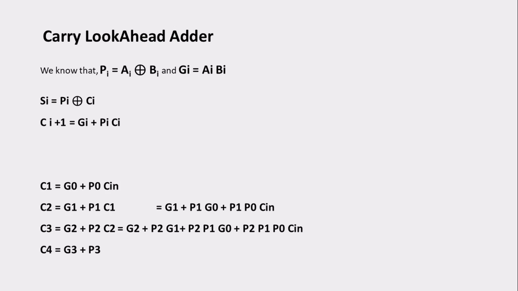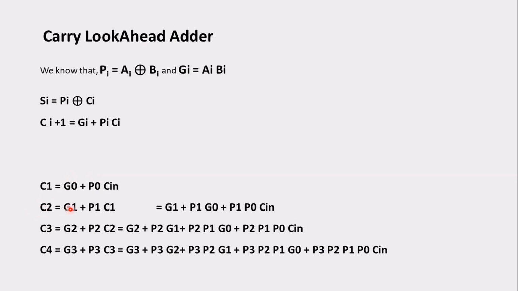So we can give the equations for the different carries. Our C1 is given by G0 plus P0 into C, where C is our carry in, and P0 and G0 are the propagation and generation of adder 1.